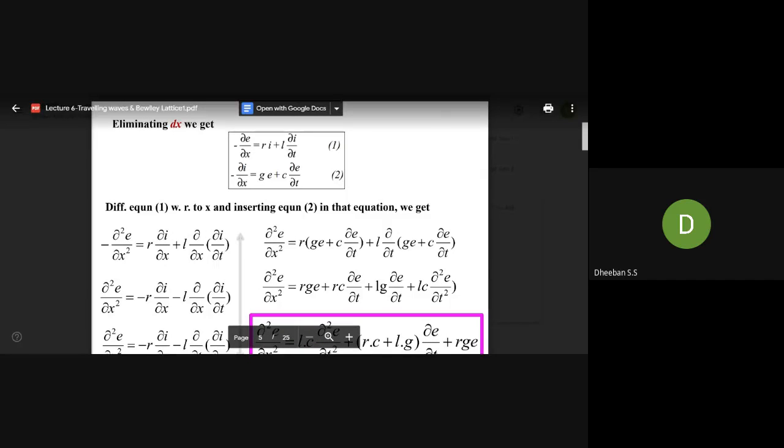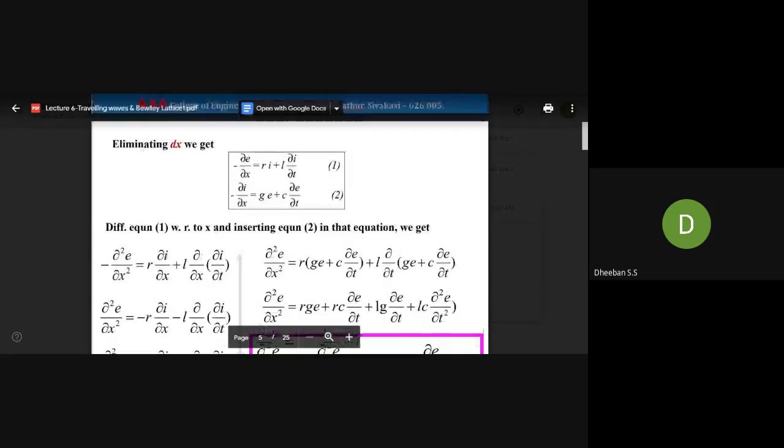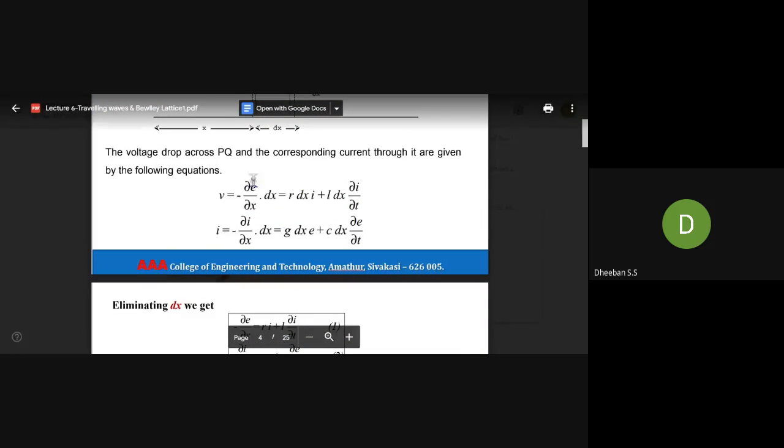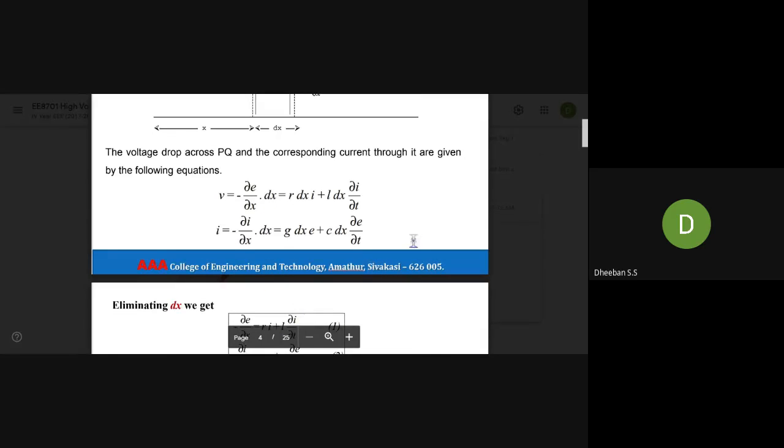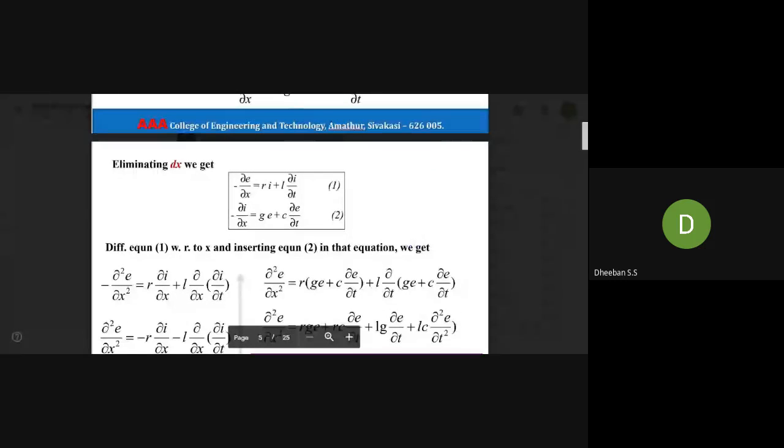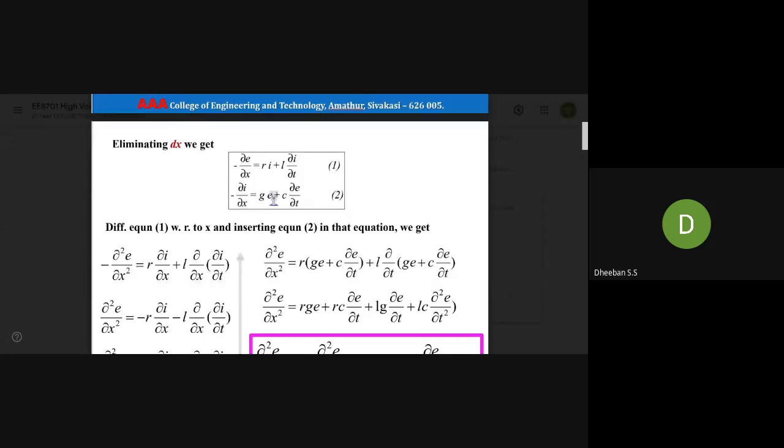This is a refreshing part only. You don't have to go through the entire thing, but you have to know this equation entirely, and how you get this equation from the earlier ones. They will be manipulating these equations to get this equation.